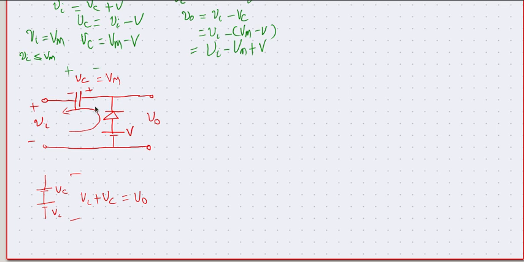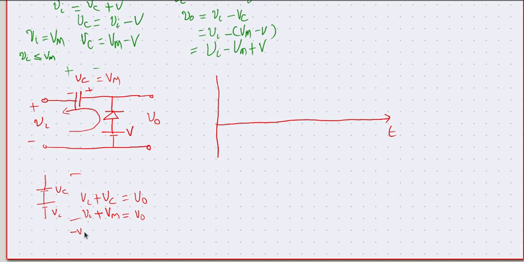And therefore, what would happen now is our output will be, this has gone up to Vm, and this is Vi plus Vm equal to Vo.